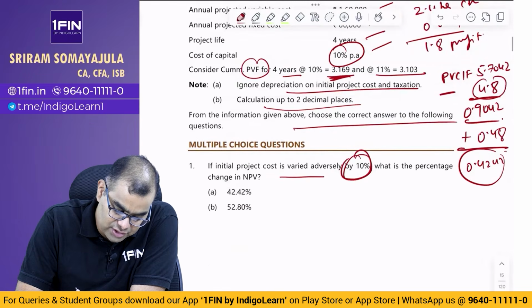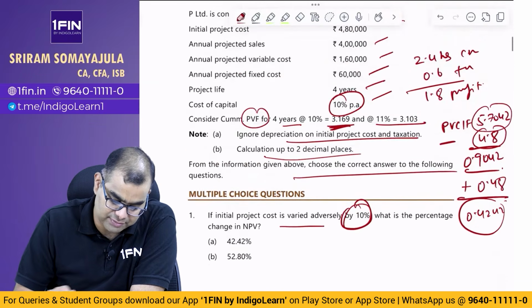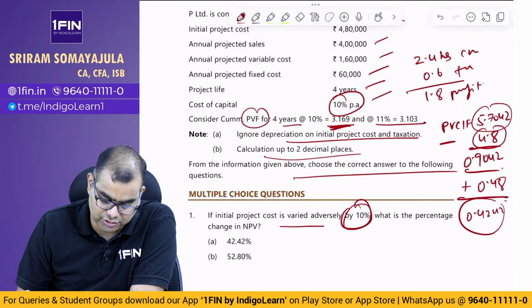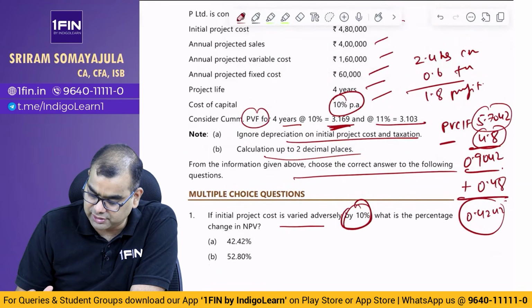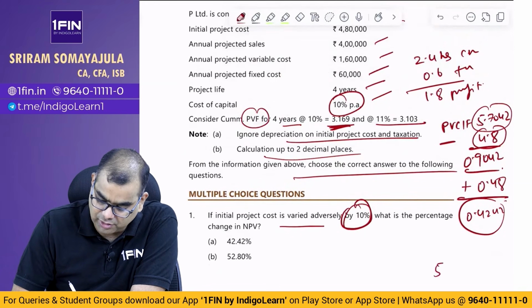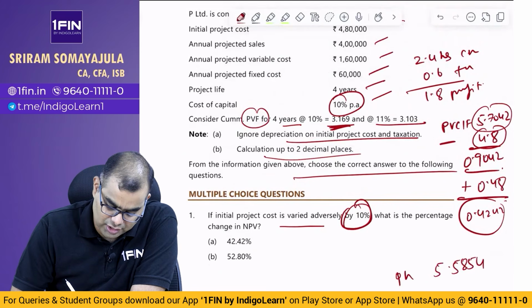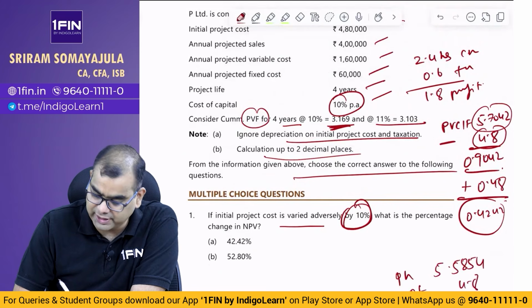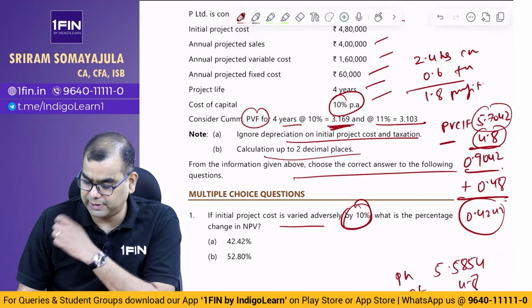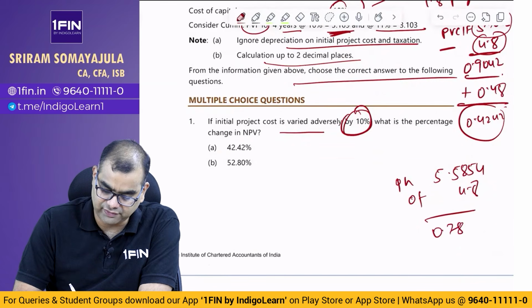Then if annual cash flow is varied adversely by 10%, what is the percentage change in NPV? That is, instead of this being 5.7042, it is something else. That is 1.8 into 3.103. You get 5.5854 as inflow, and outflow is 4.8. So minus 4.8, you get 0.7854.